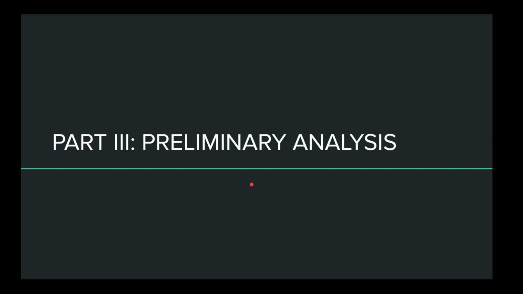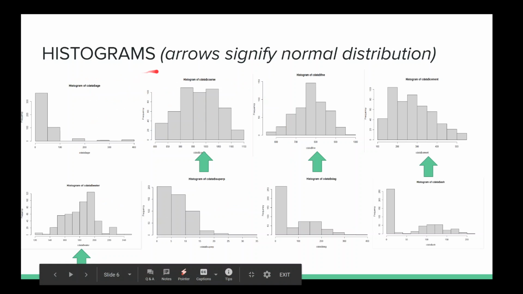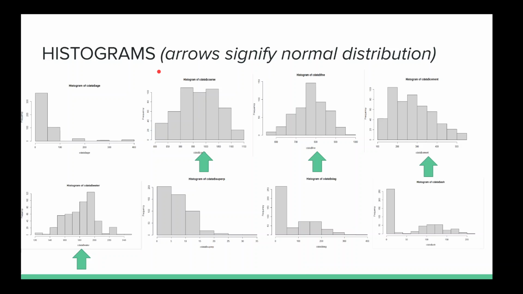Moving on to part 3 of our presentation, the preliminary analysis, which is going to help us learn a little bit more about the dataset at hand. The following are different histograms for each of the predictor variables mentioned in part 2. The importance of this is to figure out what the overall distributions look like.